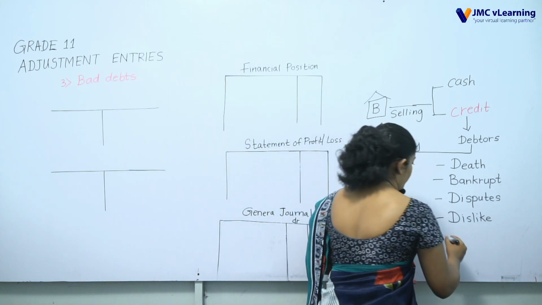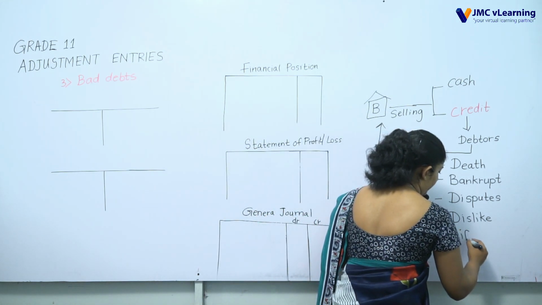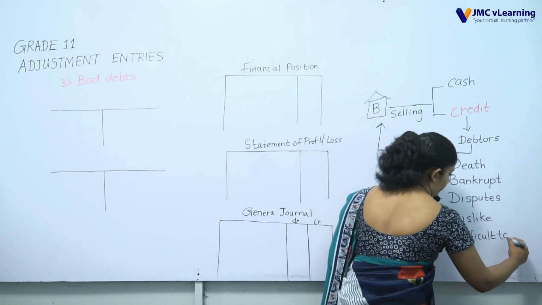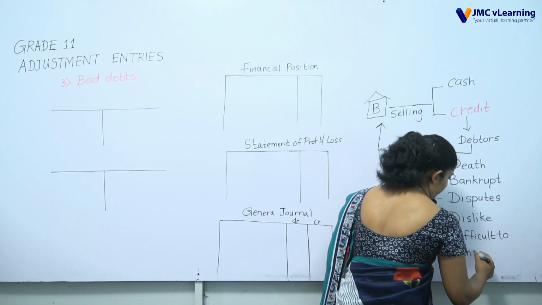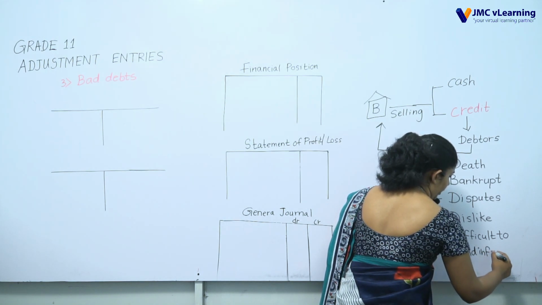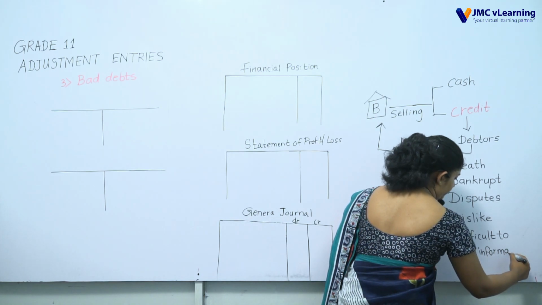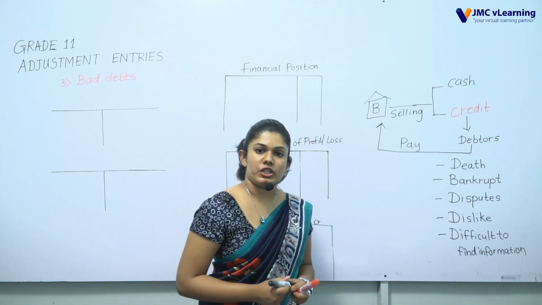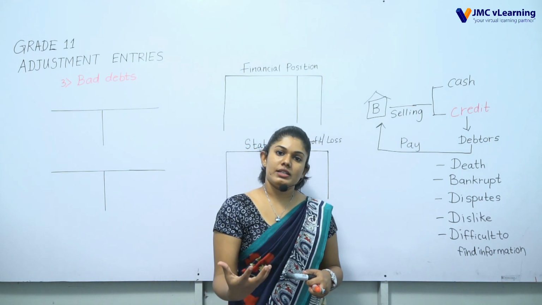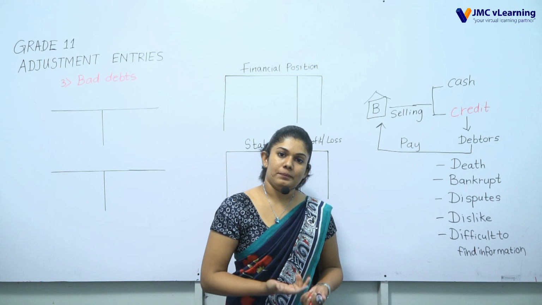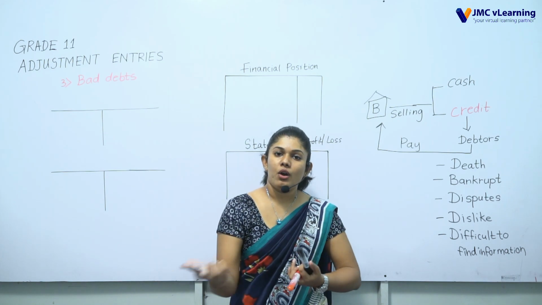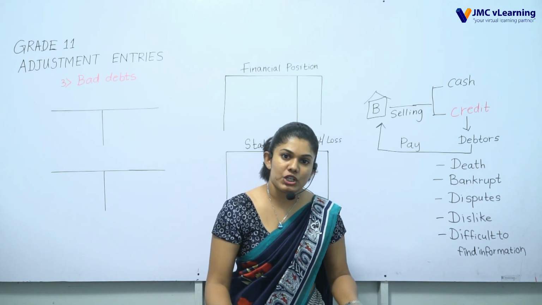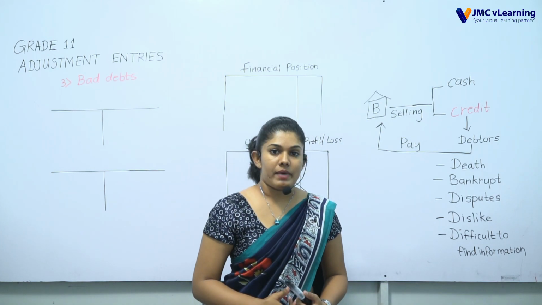Or difficult to find information. After I have sold goods, the person is nowhere to be found. He has gone abroad or he has gone somewhere far away. I can't find information about him to get my debt back.